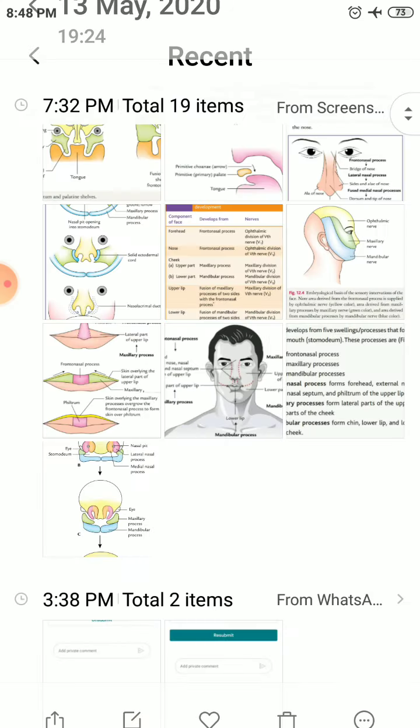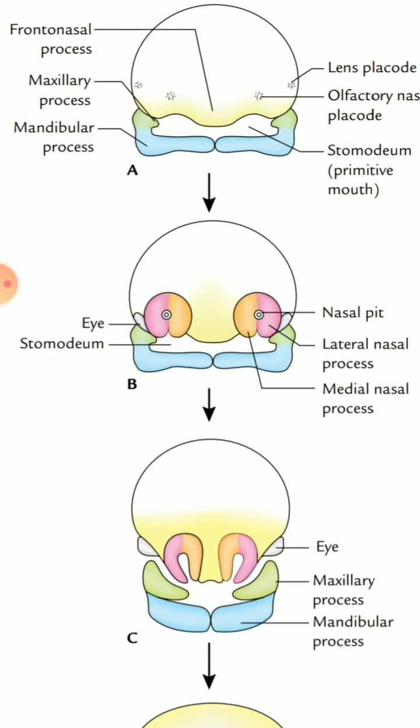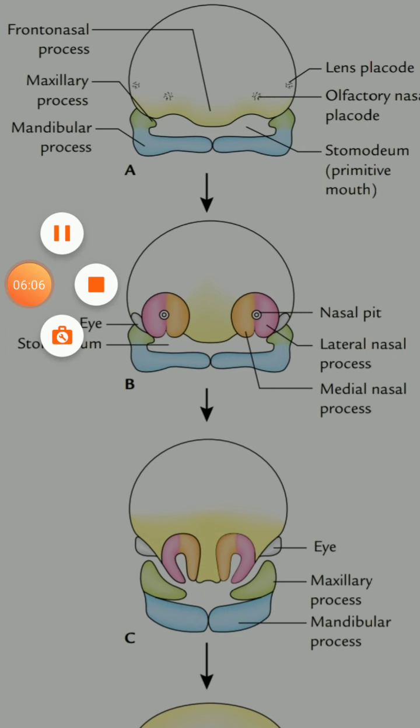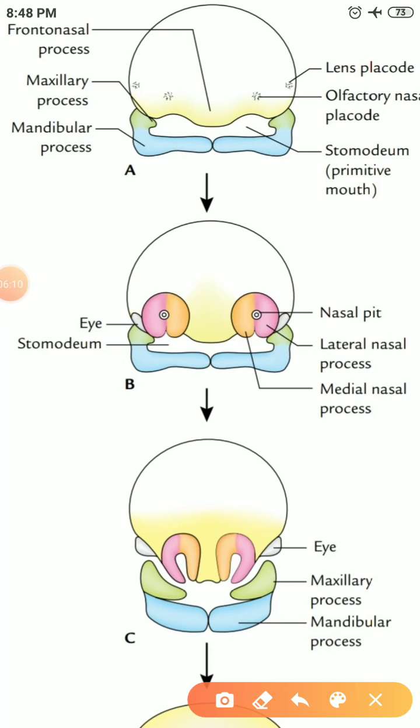So this is a diagram where you can see the different parts. We'll go again. In diagram A, the part which is yellow in color forms the frontonasal process. You can follow the brush.